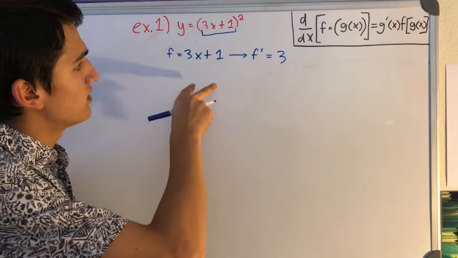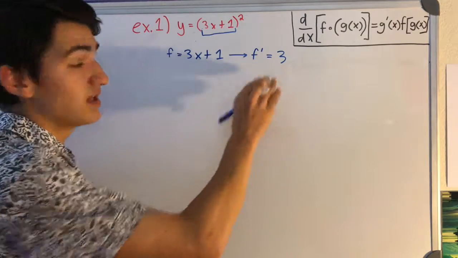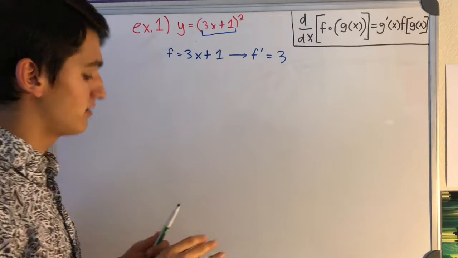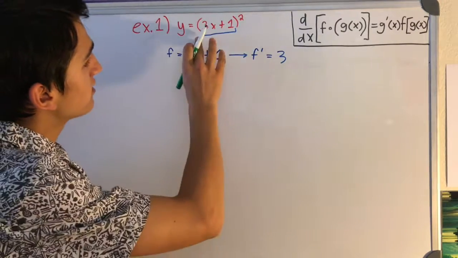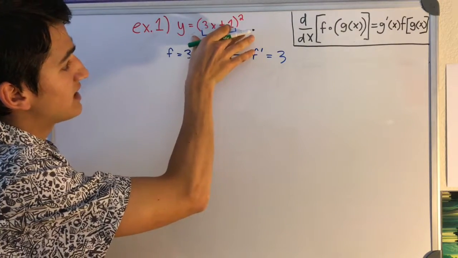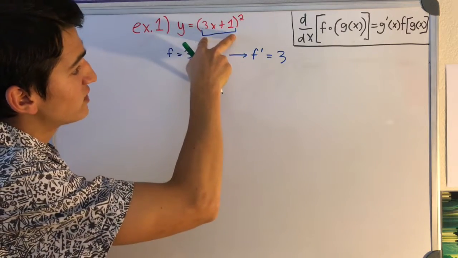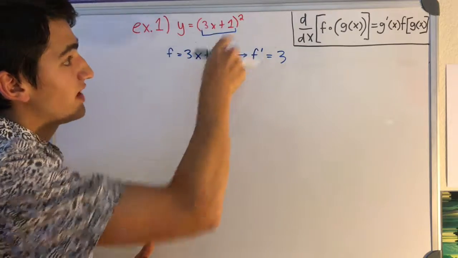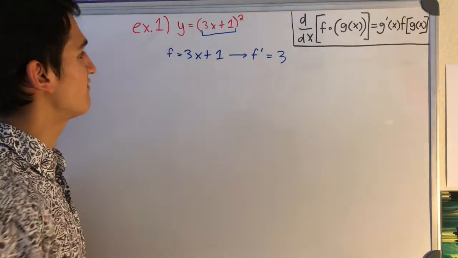All right, so now we're done with the inside function. Now we're going to move to the outside function. Here we've got the outside function, which is simply this first function, which we called f, right? And it's f raised to the 2nd power. So let's call the second function g.